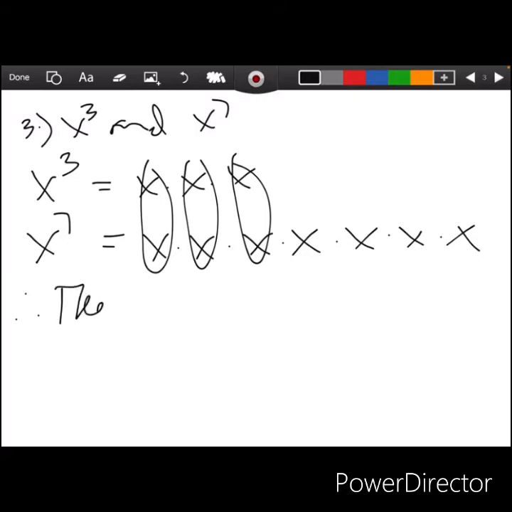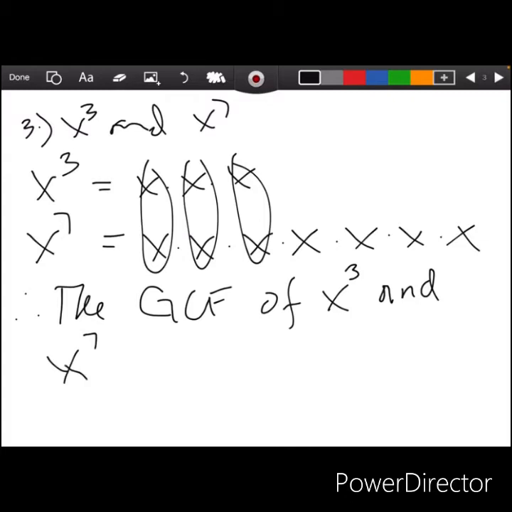Therefore, the greatest common factor of x cubed and x raised to 7 is equal to x times x times x, or x cubed.